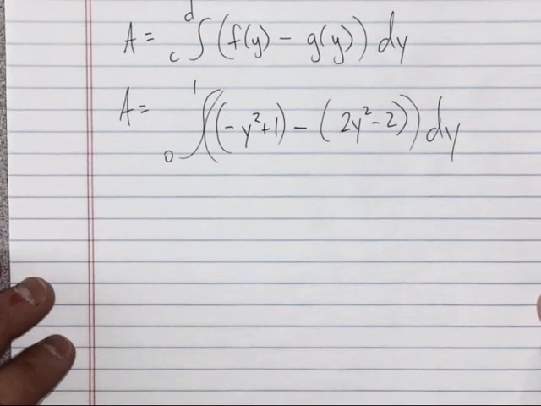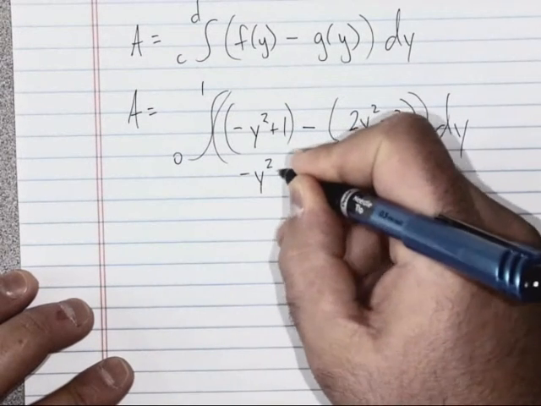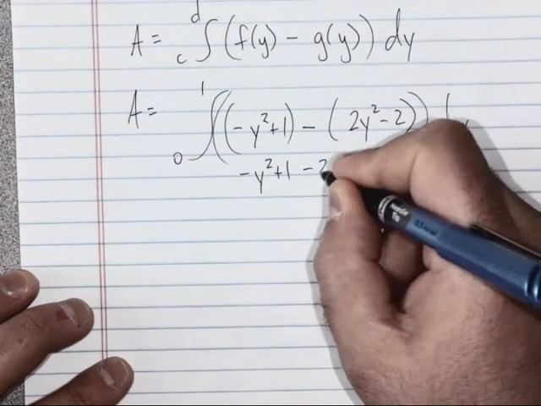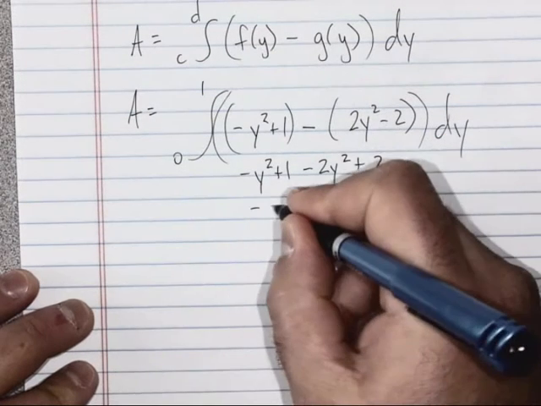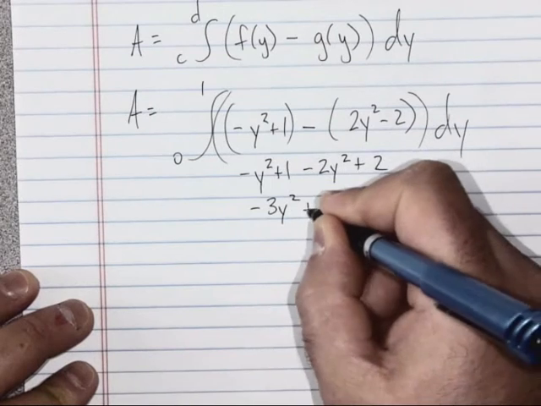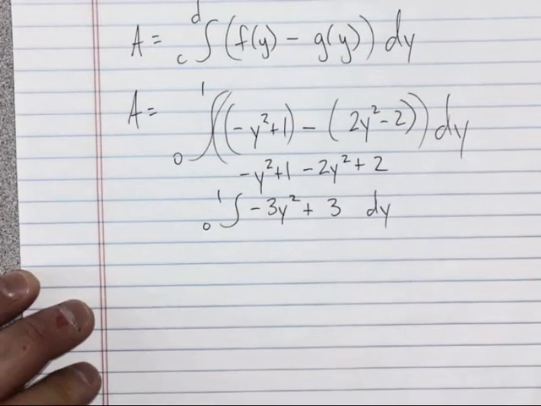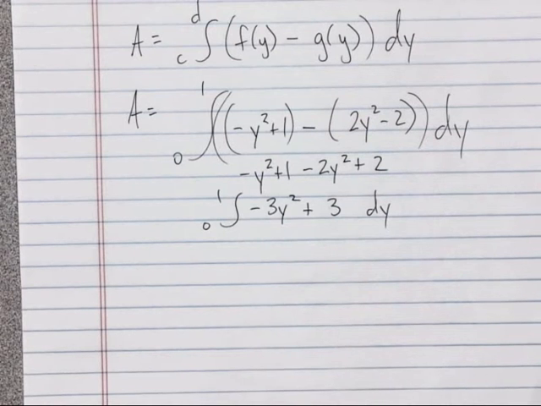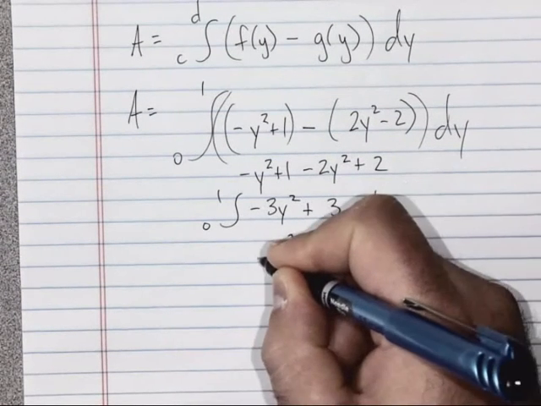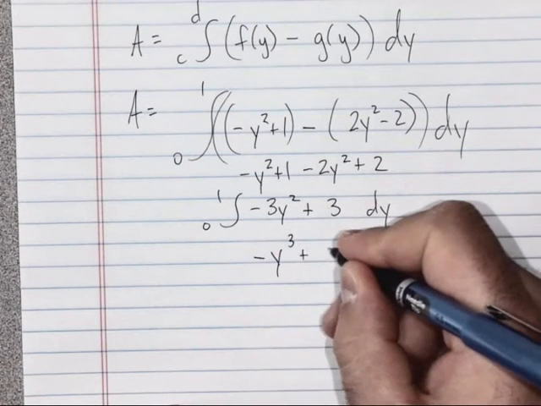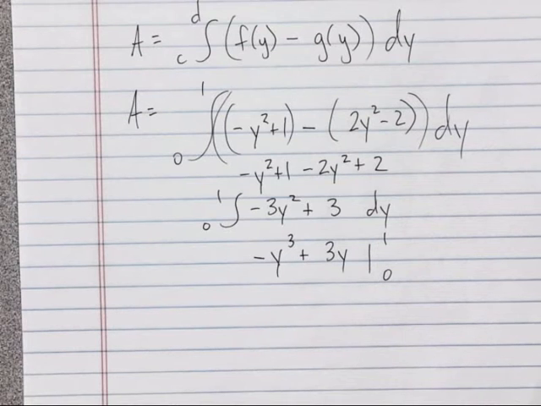So let's simplify some of this, make it a little easier on ourselves. Negative y squared plus 1, distribute that negative through, combine those like terms. So we're really looking at this. That looks a lot nicer. Okay, so integrate that, using the fundamental theorem of calculus.